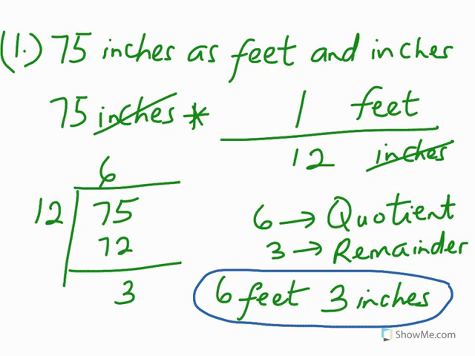And when we divide, we keep the quotient in the big unit, which is feet, and we keep the remainder in the small unit, which is inches. Please take note of this statement that I just made. Write it down somewhere. I don't think you will see it in a textbook. So just take note of it.